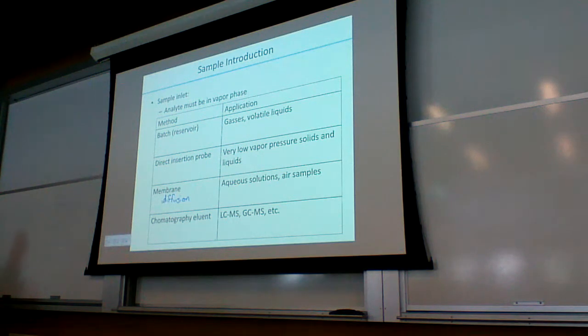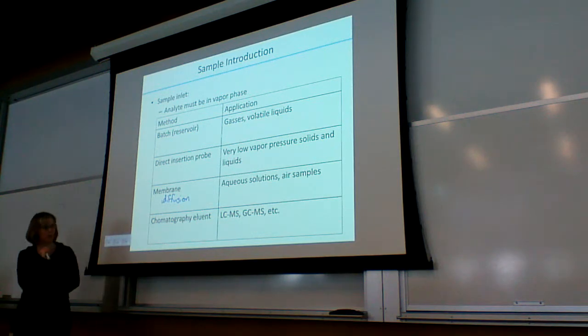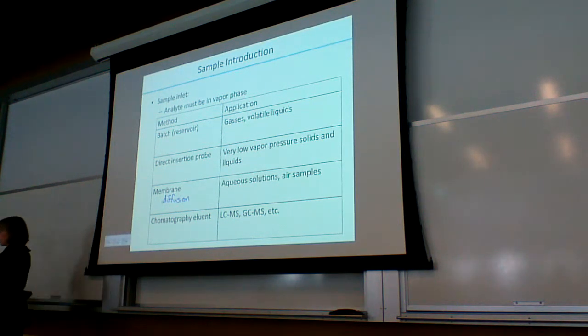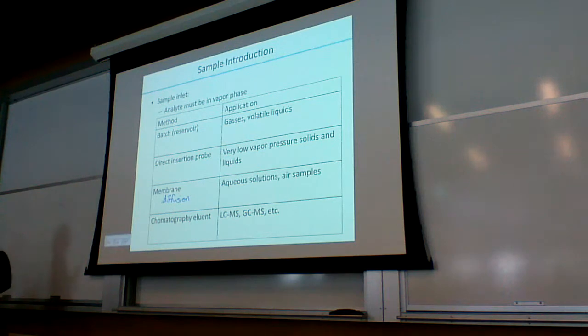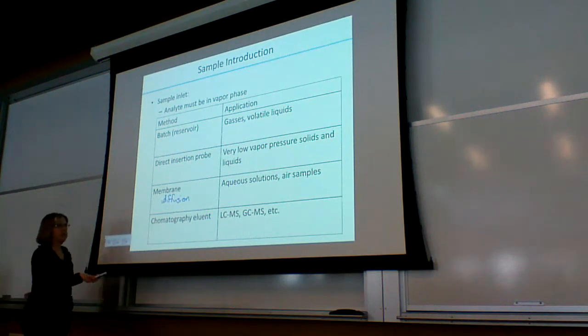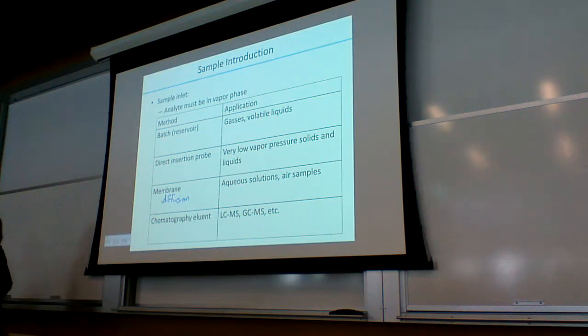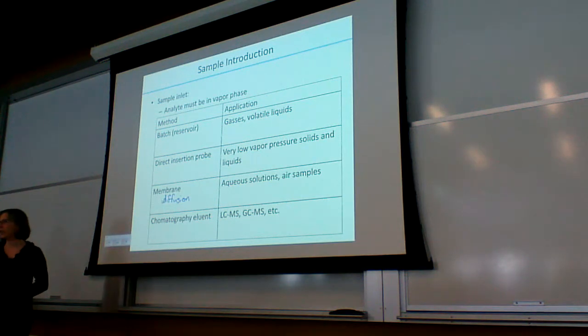The last one is probably the one we have here, and this is where you have some type of chromatography that happens before it gets to the mass spectrometer. So we have a GC mass spec, or gas chromatograph mass spectrometer, and we can separate out mixtures of things based on their volatility, and then once it gets to the end of the gas chromatograph, it's going to be introduced into the mass spectrometer.